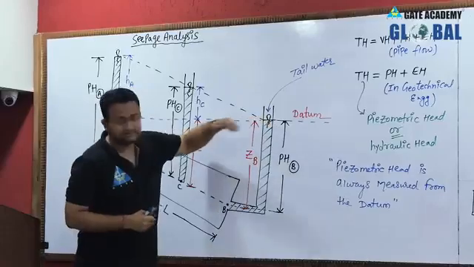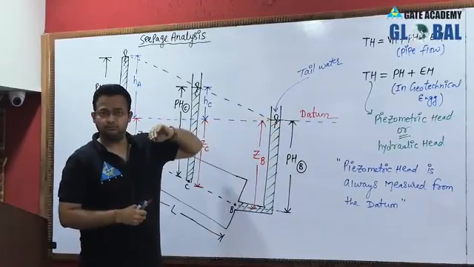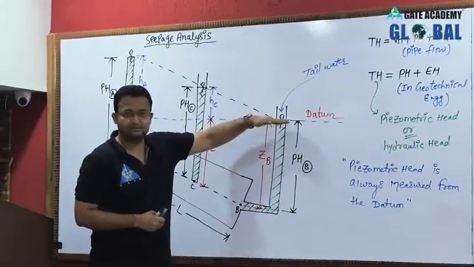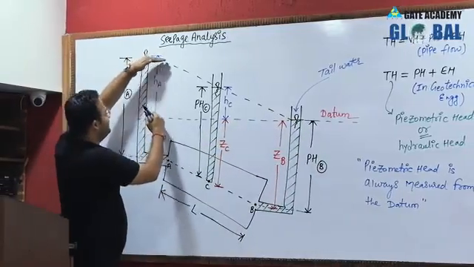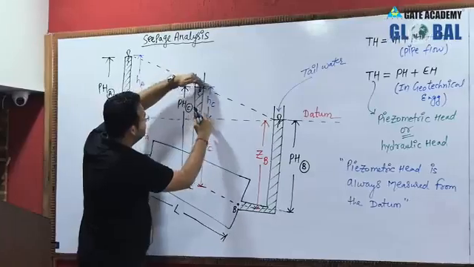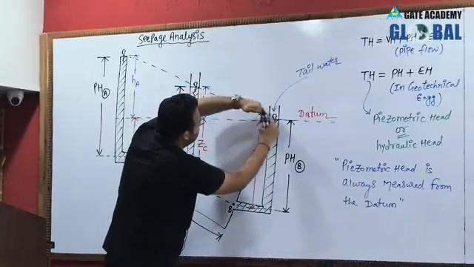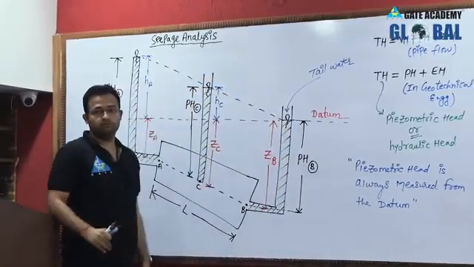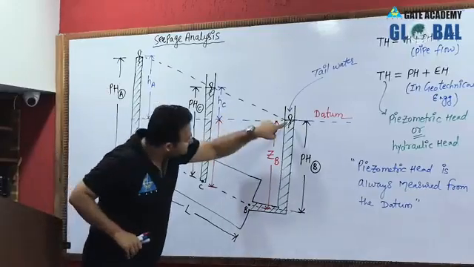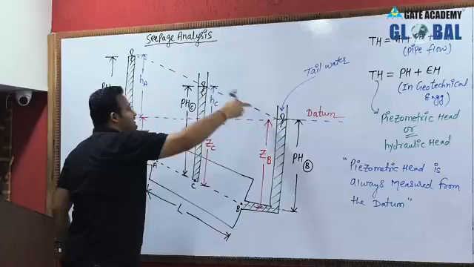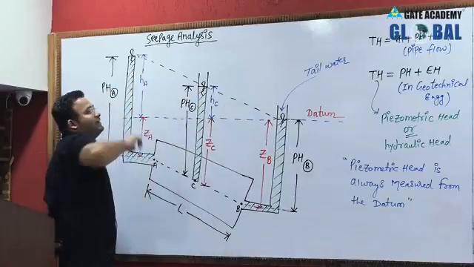With respect to this, we have higher energy here, then energy is decreasing, and here it reaches 0. Getting my point? With respect to this, here we have energy 0, here we have HC, here we have HA.